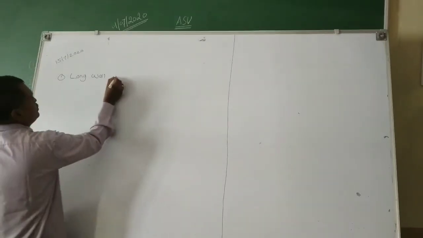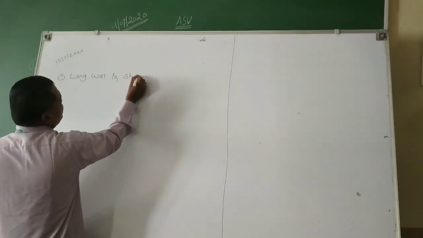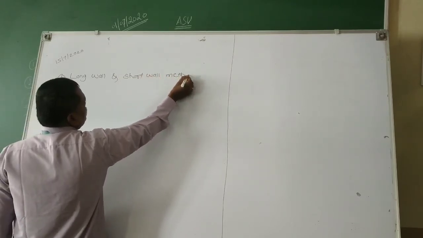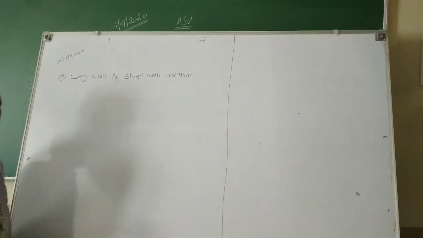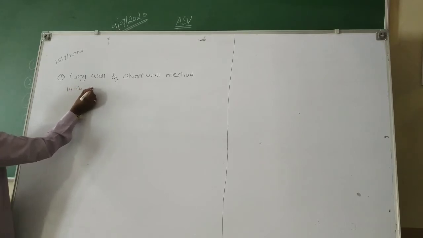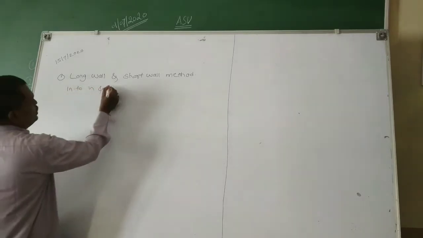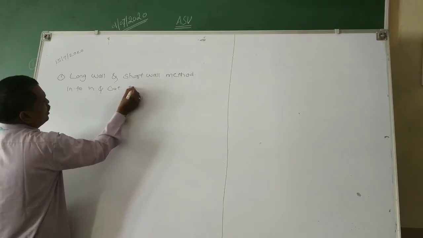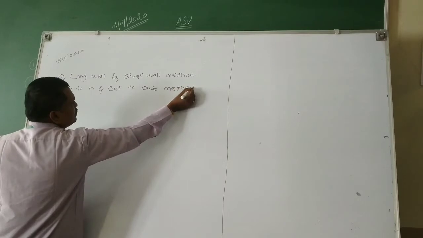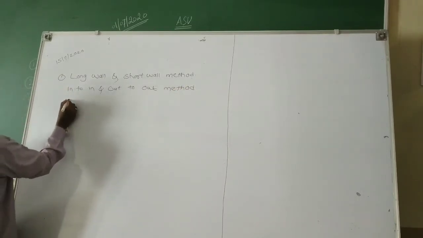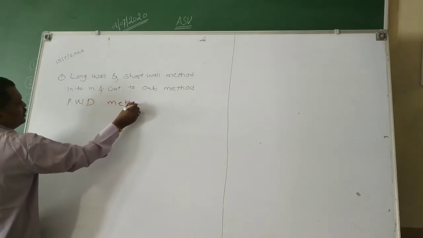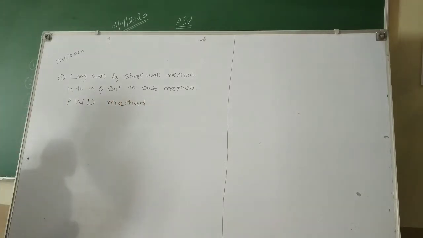This method is also called the in to in and out to out method. It is also called the PWD method. Why is it called so?